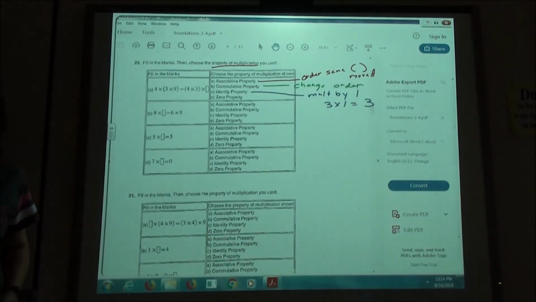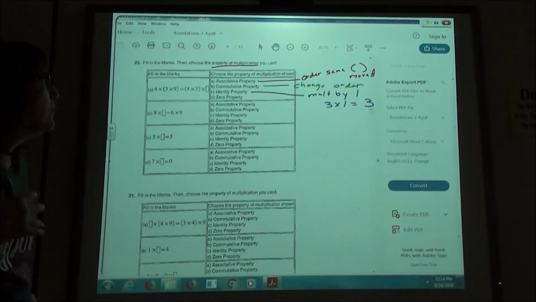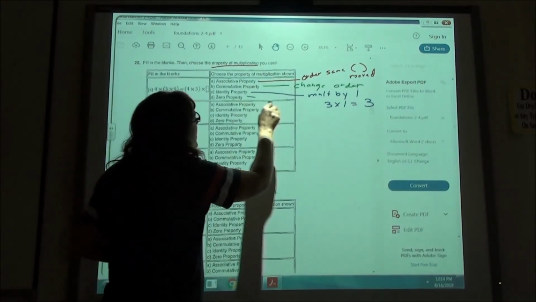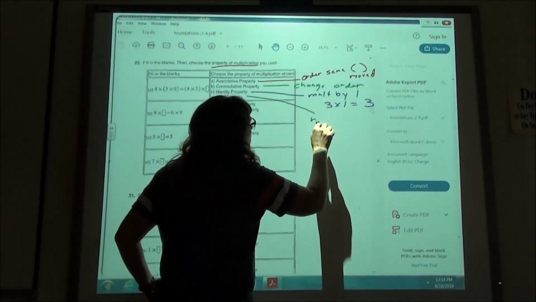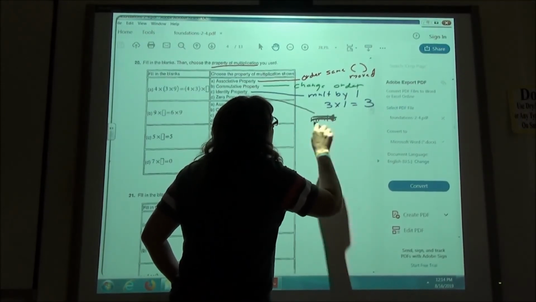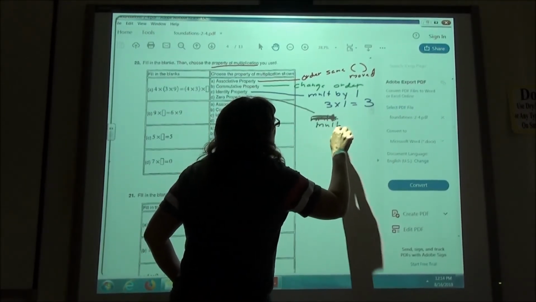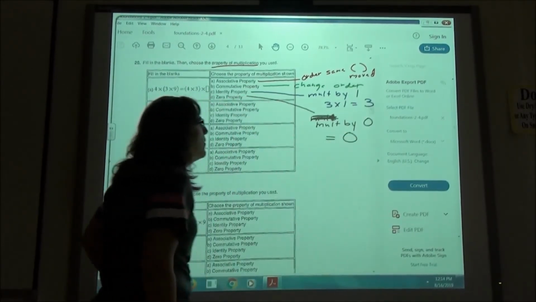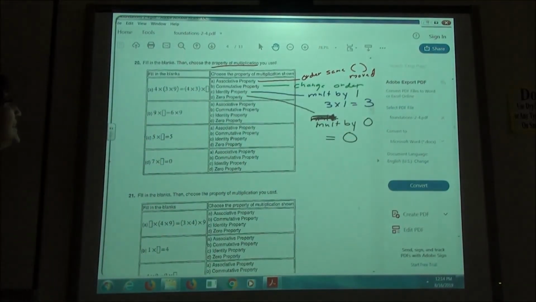Because with the identity property, you don't want to change the value of your number. And then the last one you have is the 0 property, and the 0 property is when you multiply by 0, it's going to equal 0, right? Anything times 0 equals 0.